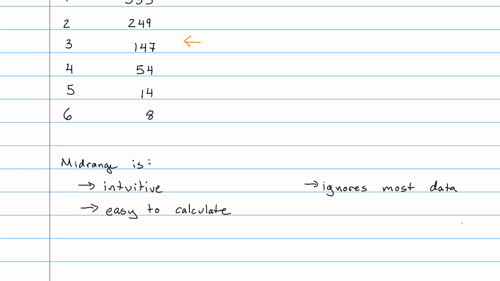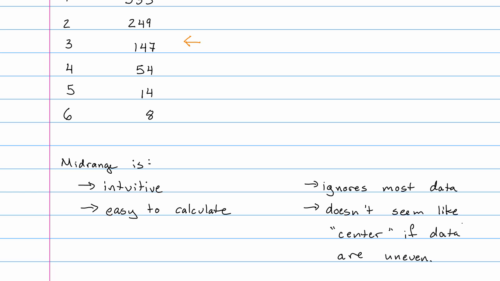It ignores any numbers between the smallest and the largest. That feels really weird. And in fact, if the data are not spread out evenly, it starts to be weird. It doesn't match our intuition if the data are not spread out evenly.